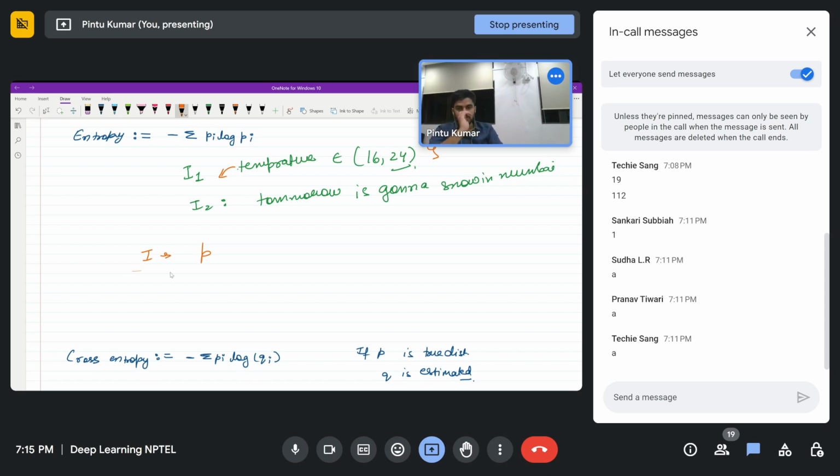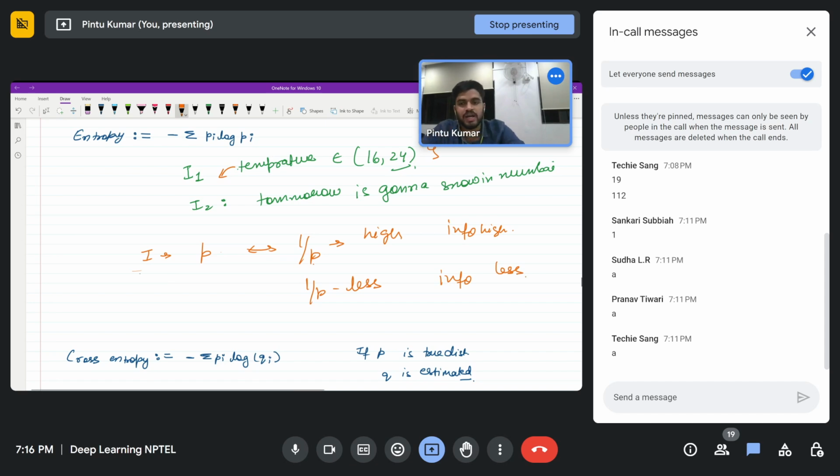So this can be replicated by saying that if 1 by p is high, that means p is low, then my info should be high, right? And if 1 by p is less, then my info should be less.